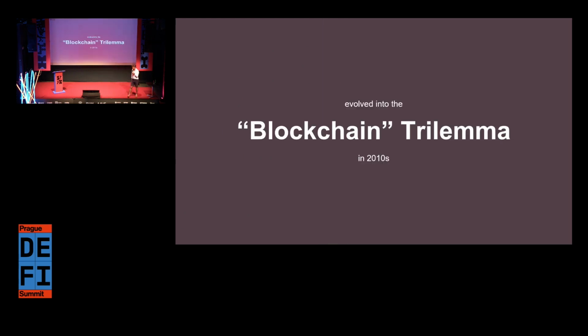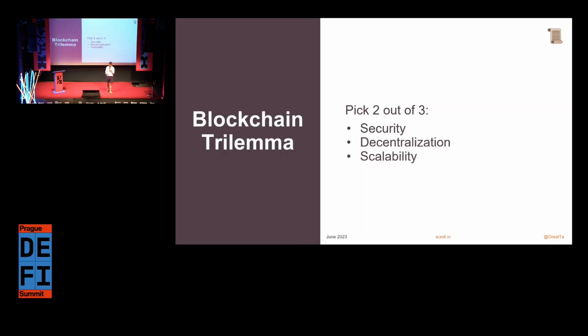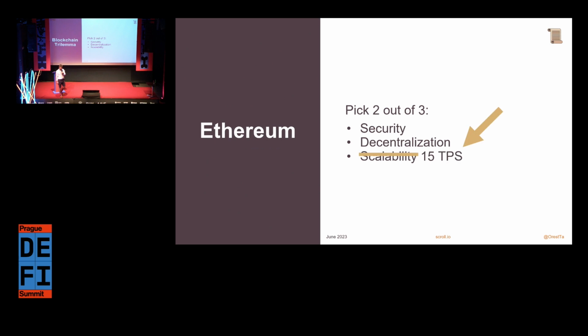And so this translates into something that came to be known as the blockchain trilemma a few decades later. It basically says you have those 3 properties: decentralization, security, and scalability, and you only get to pick 2 out of those 3. What a dramatic decision to make. And so Ethereum picked to sacrifice scalability in order to keep and be able to take advantage of the security and decentralization properties. That's where the 15 TPS come from.